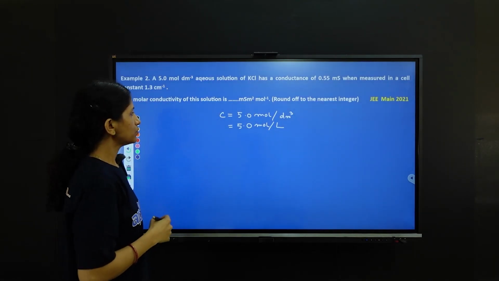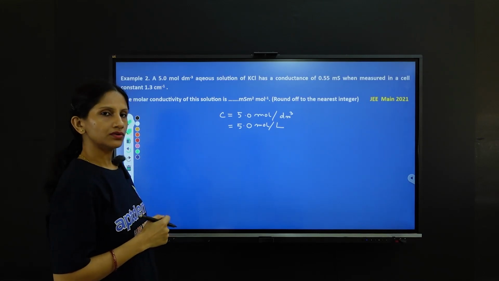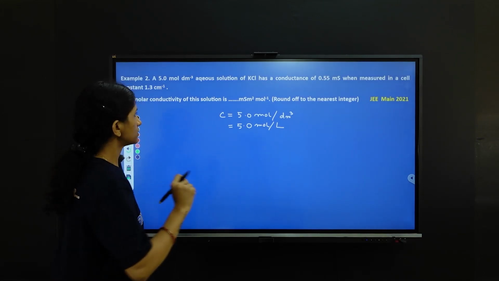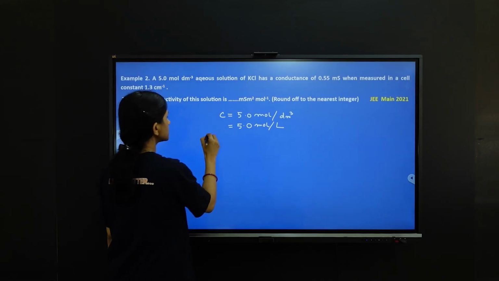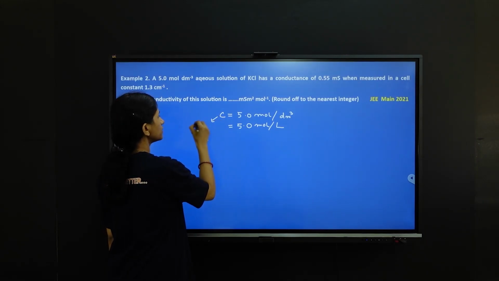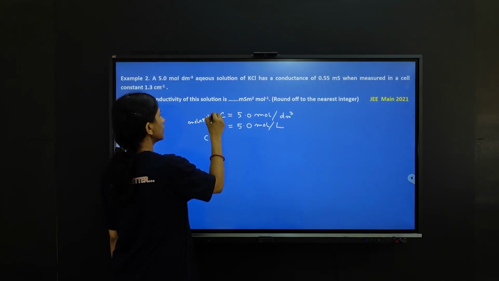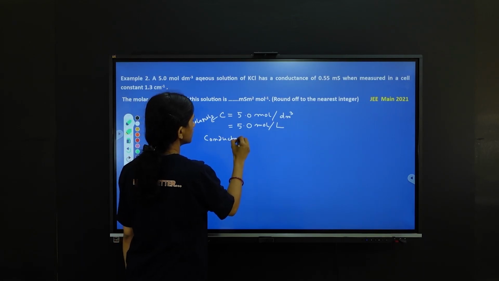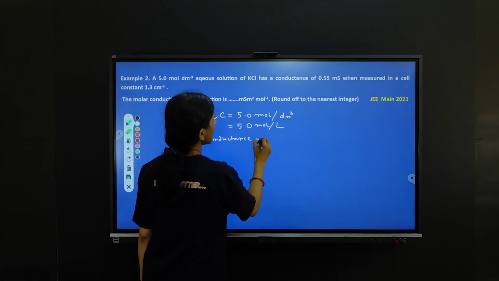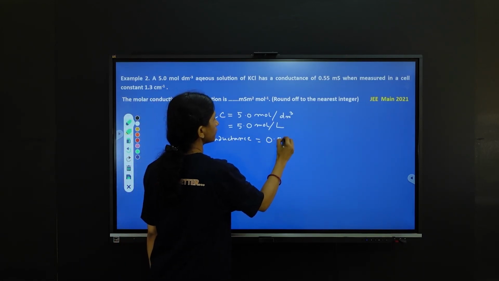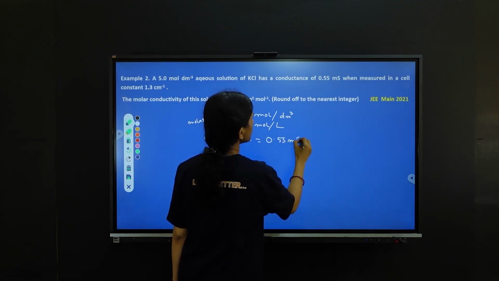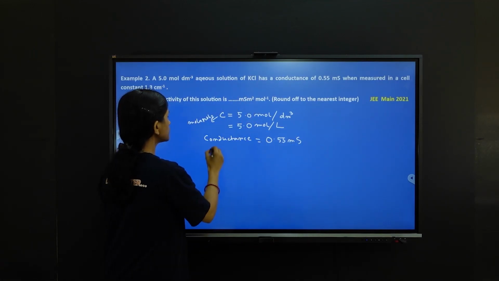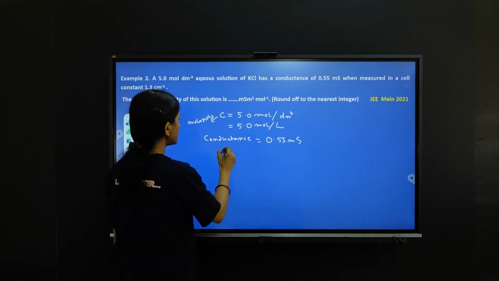So we can directly use the concentration value as 5 mole per liter. This is our molarity. Conductance is given as 0.55 millisiemens. Also the cell constant value is given.